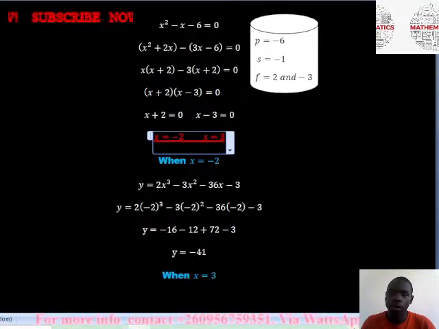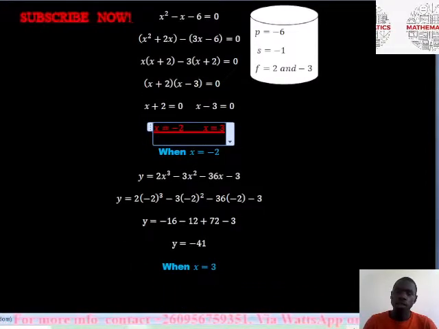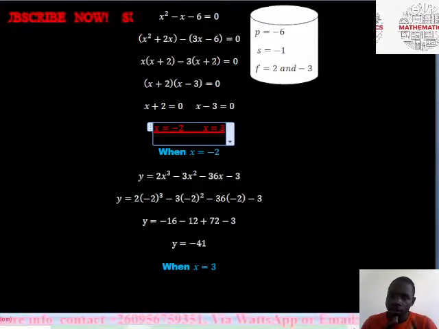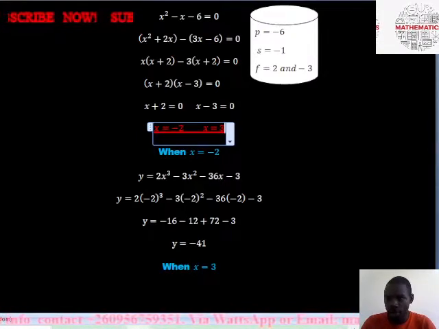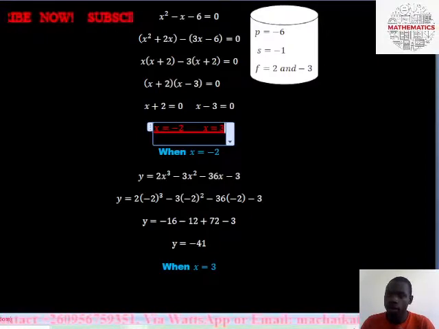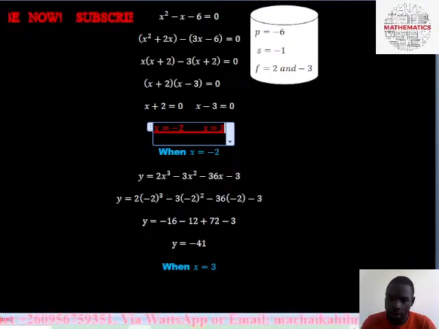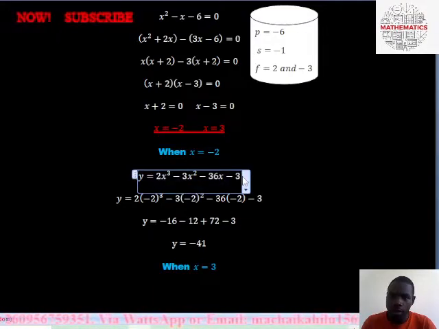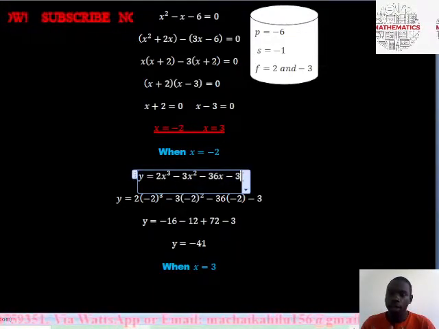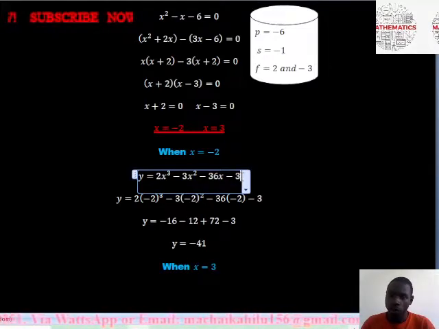How do you find the value of y? You find the value of y by substituting these values of x into the curve that we've been given. Remember that our curve is this curve here. How?